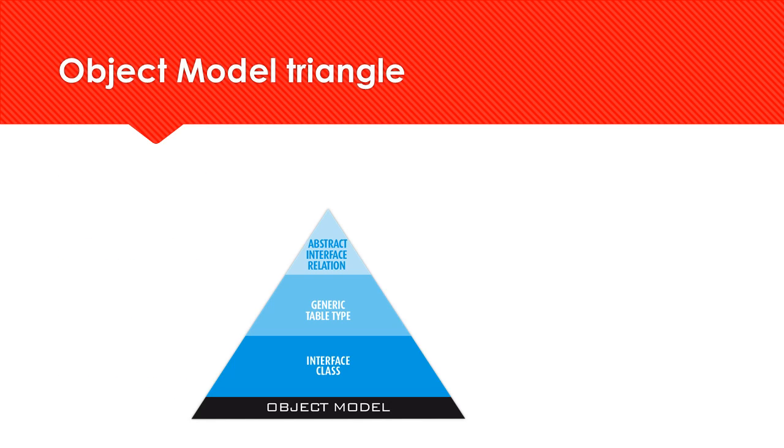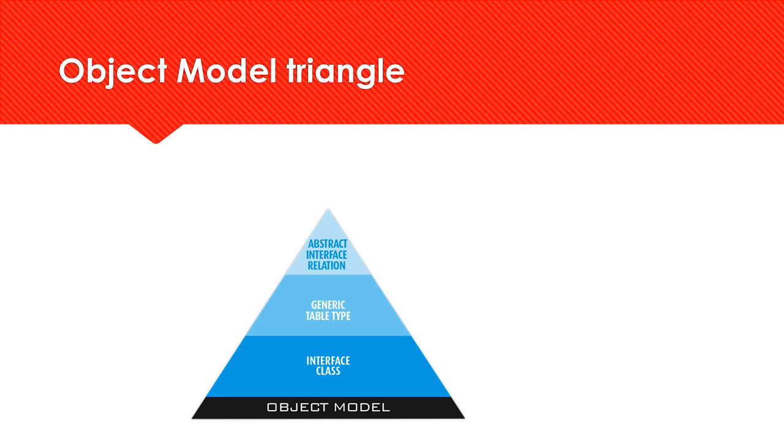The object model triangle is presented in 3 different layers. First, an interface class. Second, a generic table type. And third, an abstract interface relation. The idea behind the Ziggy pyramid is that all the bricks are being clicked on each other, layer by layer, to eventually get to a productive building.